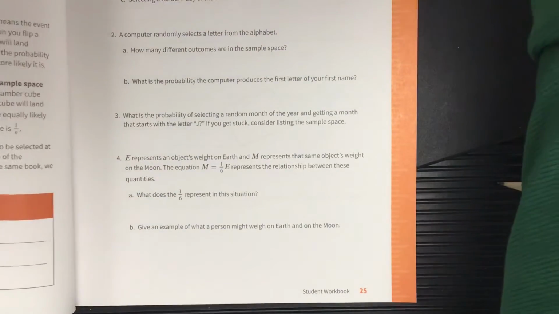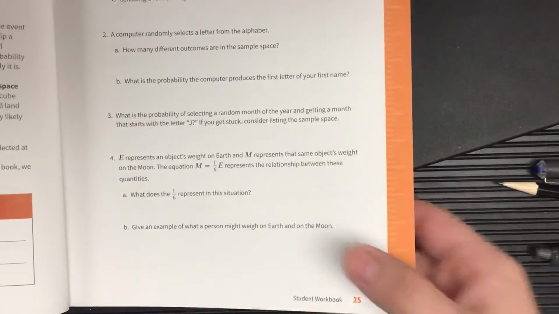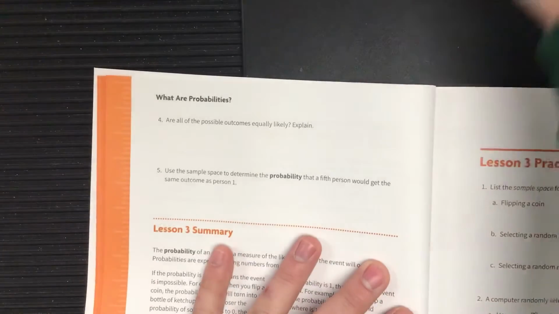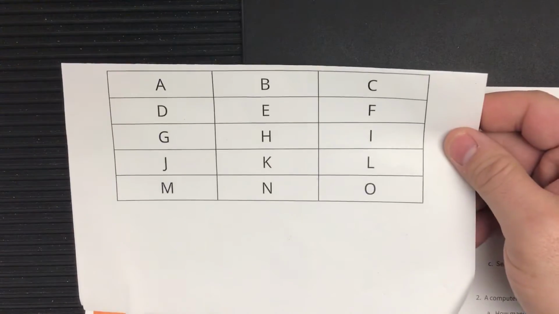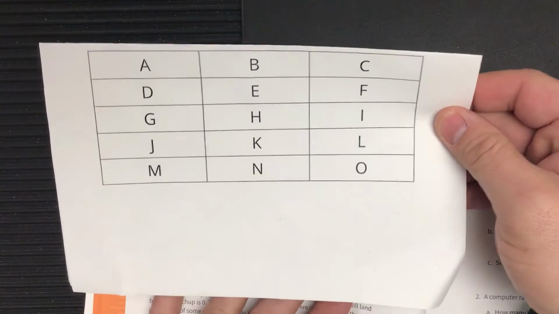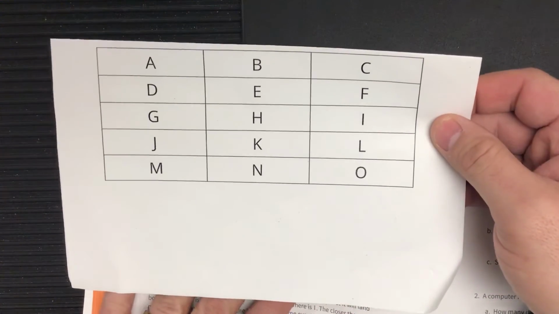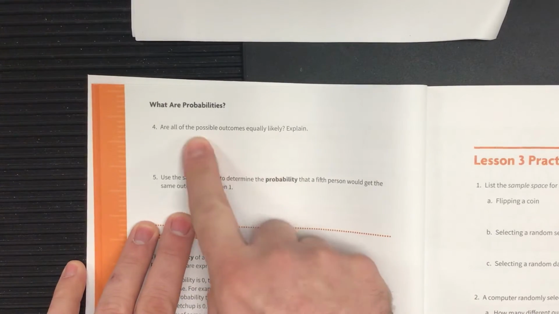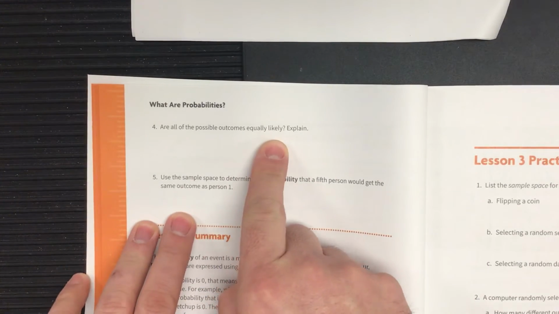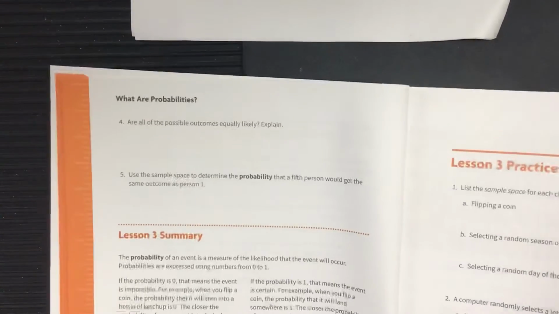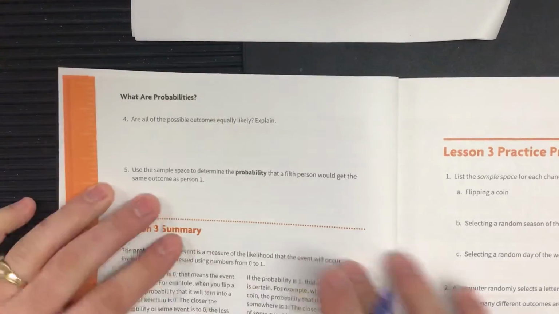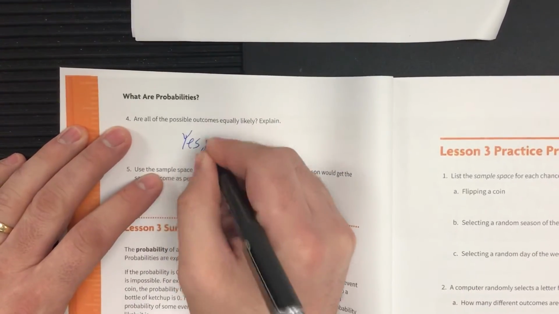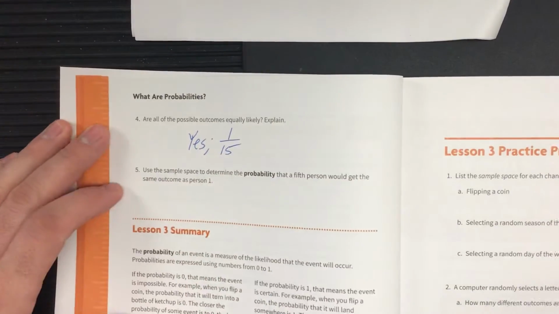All right. For each of the outcomes, if these were all cut up the same size, you know, if one would be twice the size, maybe that would affect the outcomes. But right now, are all of them equally likely? Yes. They're all in there once. Out of 15 letters.